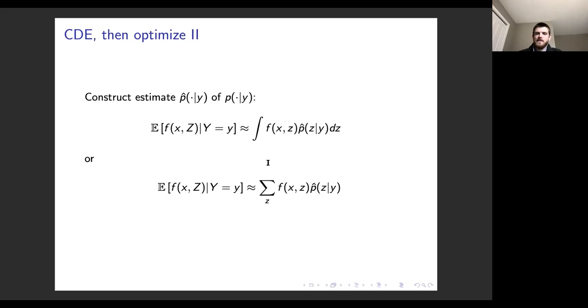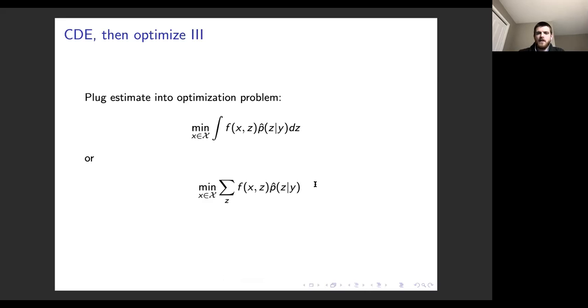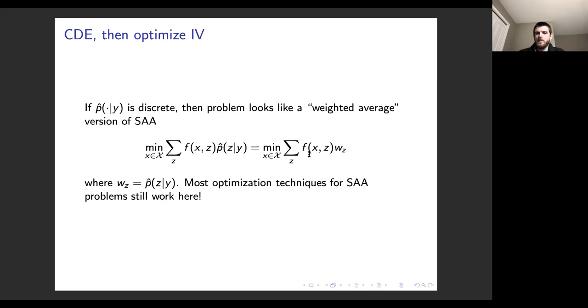And the reason for that is that this integral, trying to optimize over it, is pretty tricky. But this sum actually ends up looking a lot like sample average approximation. So if our conditional density estimate is discrete, then the optimization problem we end up with looks a lot like sample average approximation, except that we're using a weighted average instead of an unweighted average.